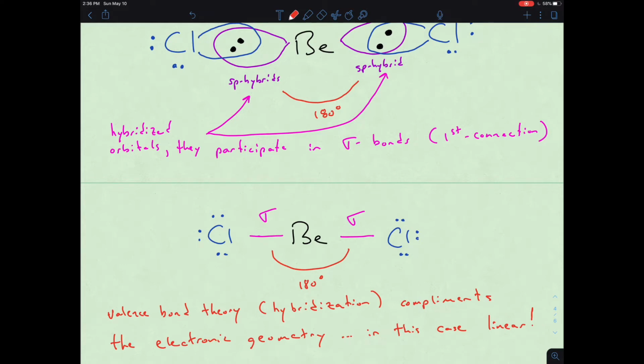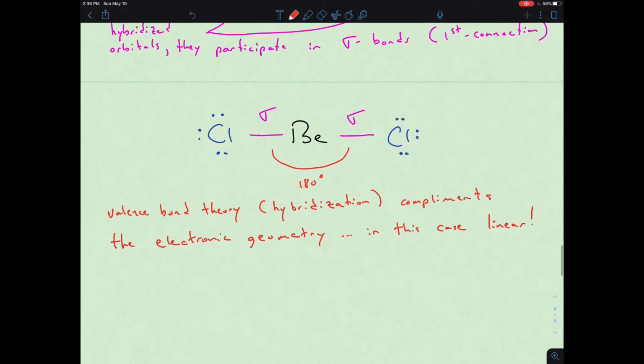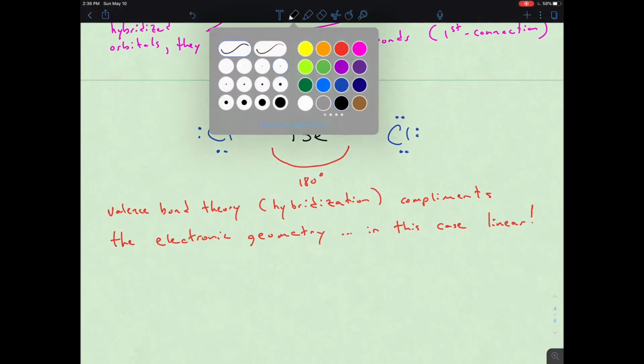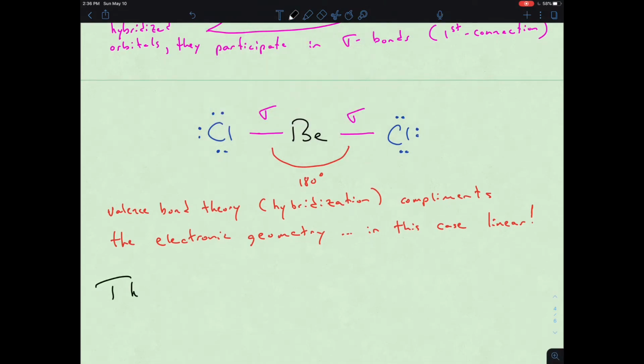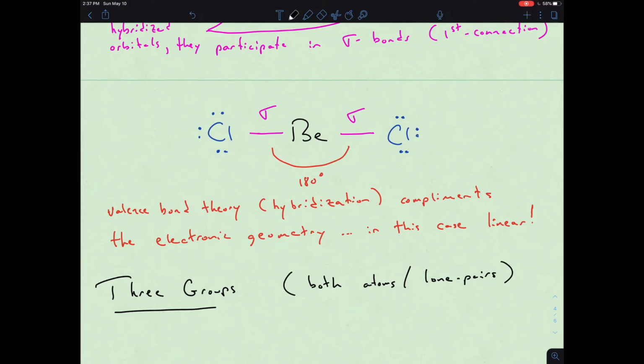Let's continue to three groups. Right, with three groups again, we're talking about both atoms and lone pairs in that mix of groups.